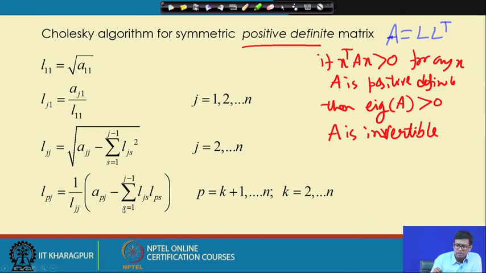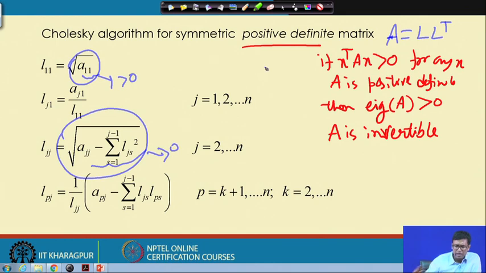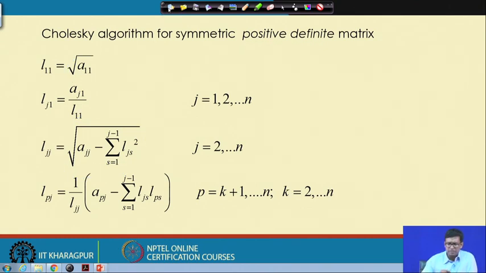The importance of symmetric positive definiteness is that these terms must be real. That is why this particular term must be greater than 0, and this particular term must be greater than 0, and that is ensured by the positive definiteness of this matrix. So, this gives the final algorithm for Cholesky decomposition of a symmetric positive definite matrix to get the L matrix with A equal to L L transpose.